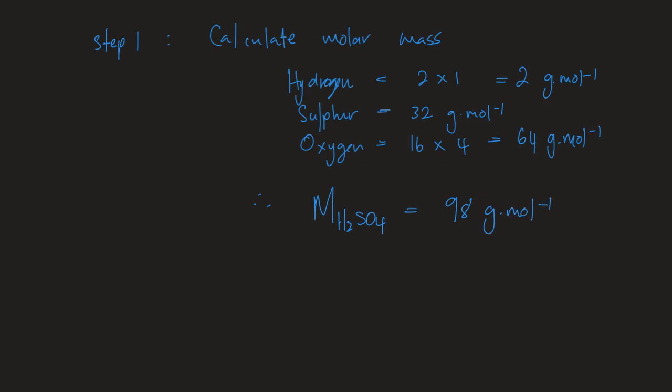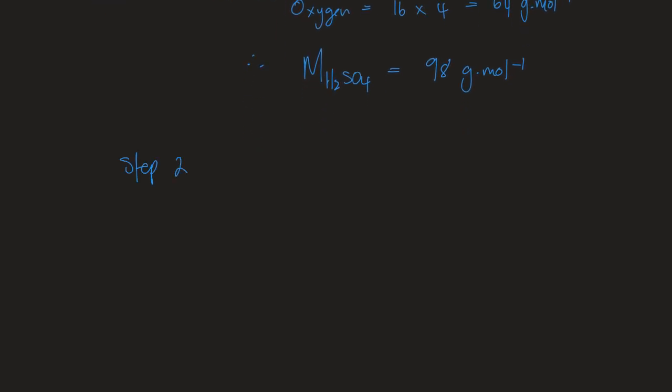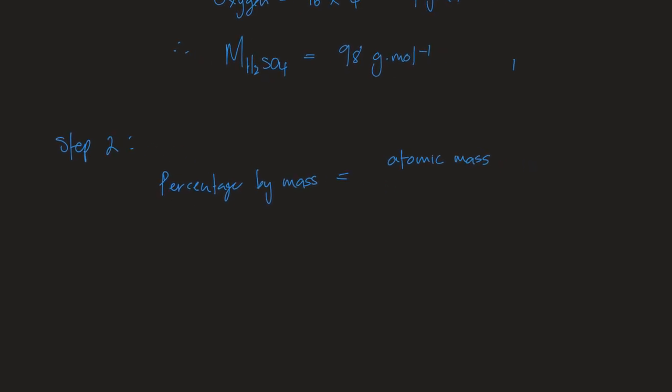Okay. Once you've got the molar mass, step 2: there's a formula we use. This formula is not on your formula sheet. You have to memorize it. So please write it out neatly, nice and big, and then highlight it. Percentage by mass is equal to the atomic mass, which is each individual element's mass, over the molar mass.